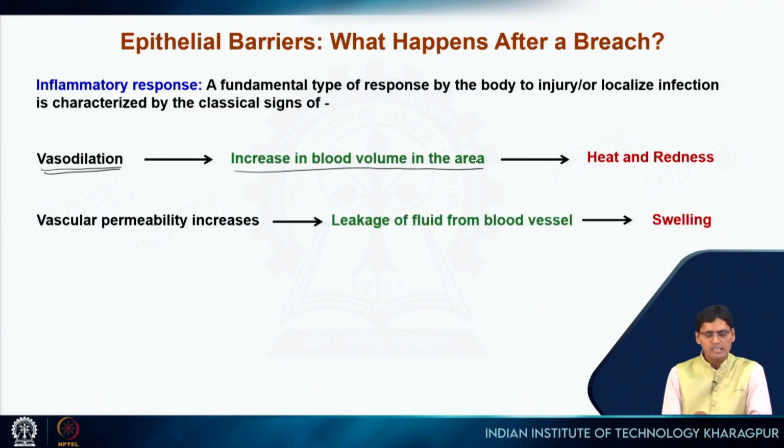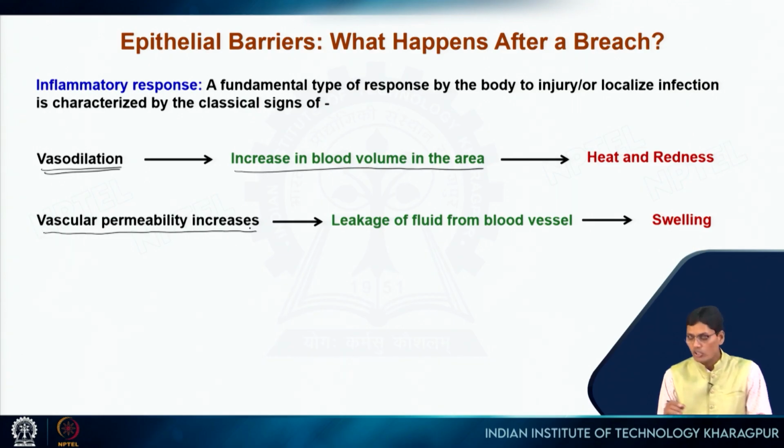Then, because of the vasodilation, vascular permeability also increases. Vascular permeability means some fluid will be leaking from the blood vessel. As a result, there will be some fluid, and additional cells, neutrophils and some other innate immune cells, will come into place.